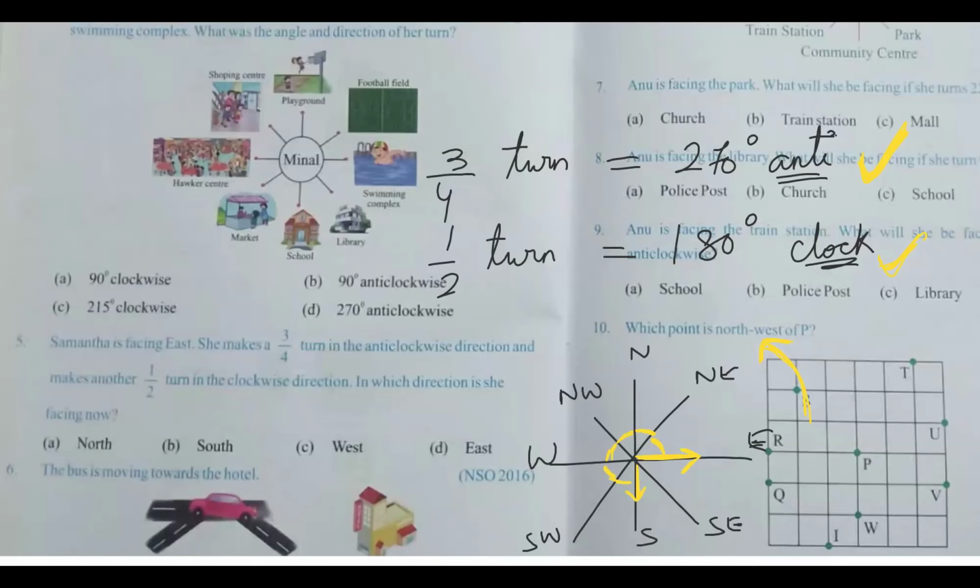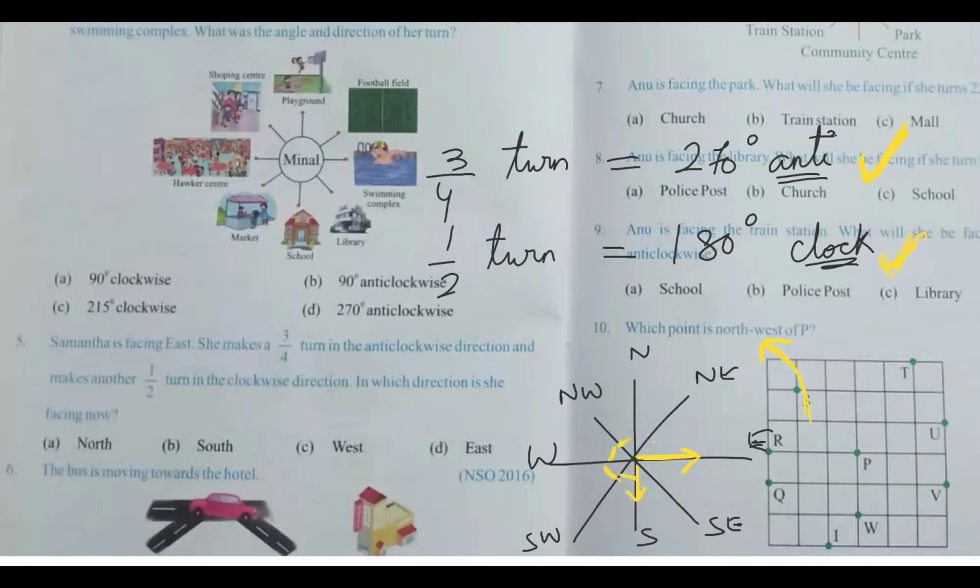Yes. But one more turn she has taken, which is 180 degrees clockwise. Now from the south direction, if we see clockwise 180 degrees, which direction will it be? 180 means how many turns? One, two, three, and four.